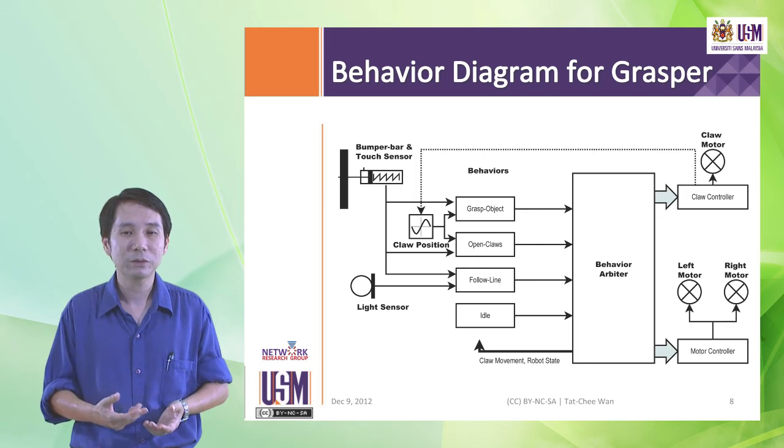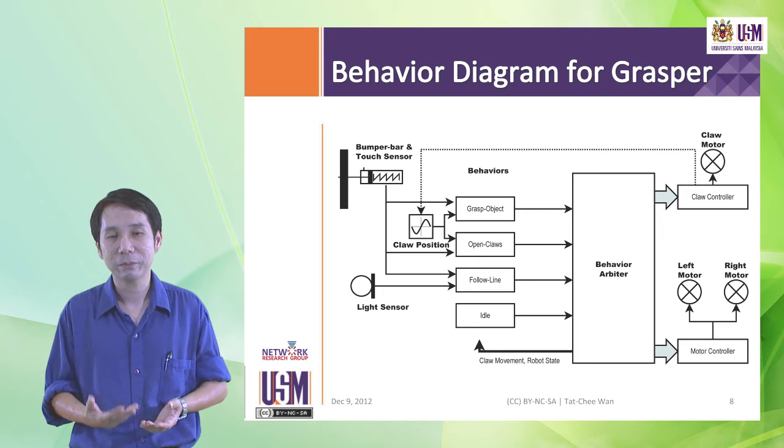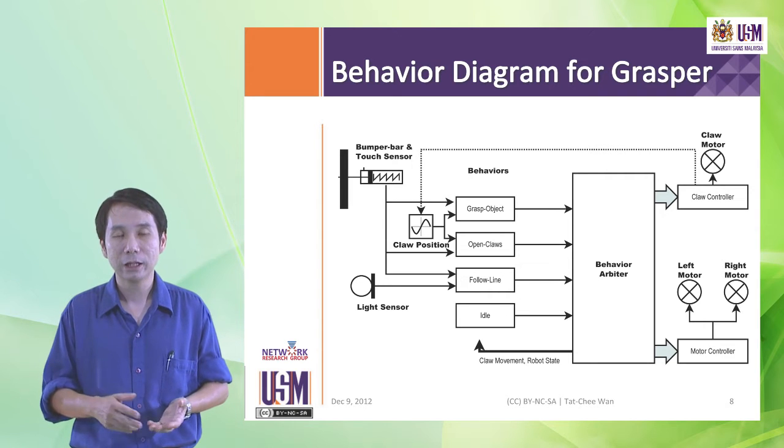These sensor values will be input into the behaviors in parallel, and each of the behaviors given here, grasp object, open claws, follow line, and idle, are prioritized with the grasp object behavior having the highest priority and idle having the lowest priority.